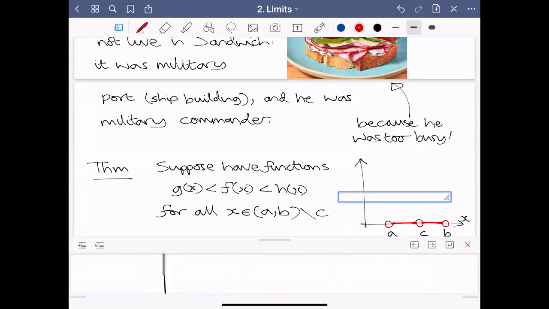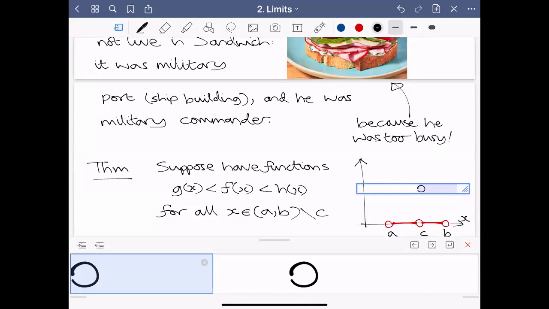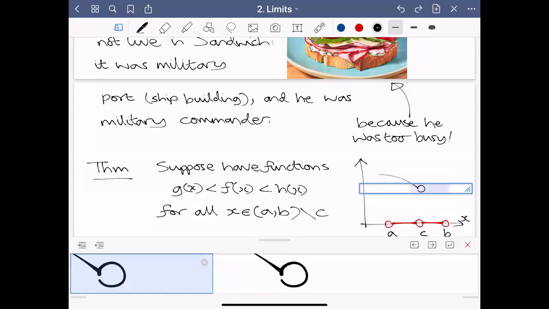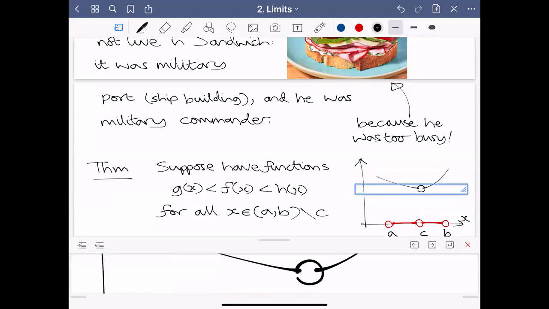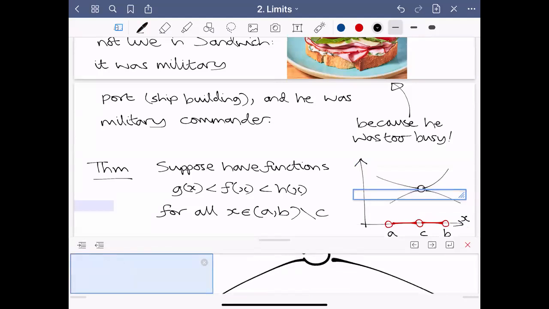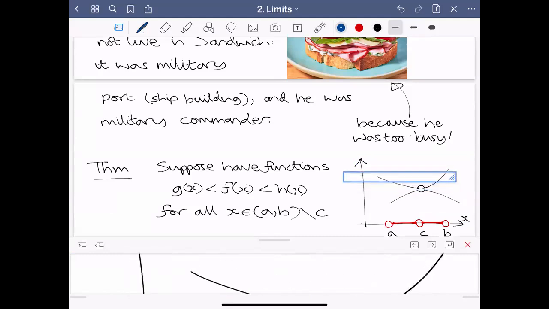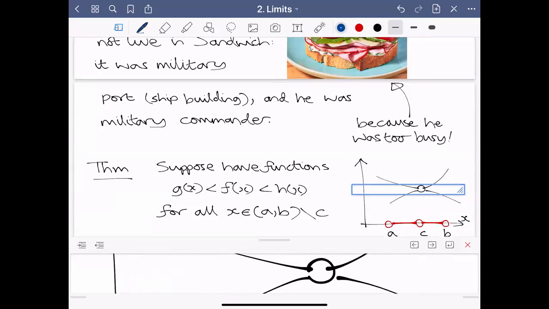And then the theorem is saying that maybe my functions are not defined at c, but they are defined like this. And I have another function which stays between them.